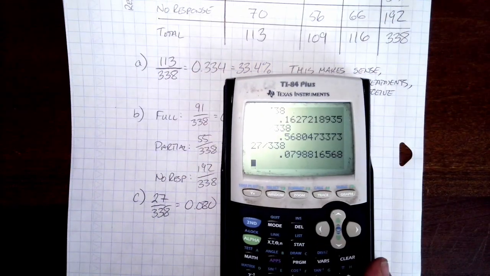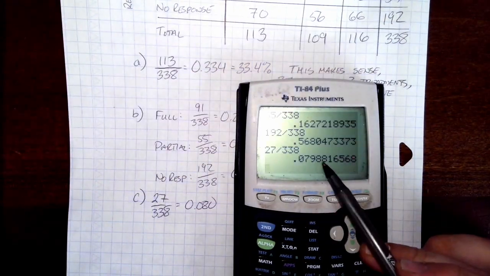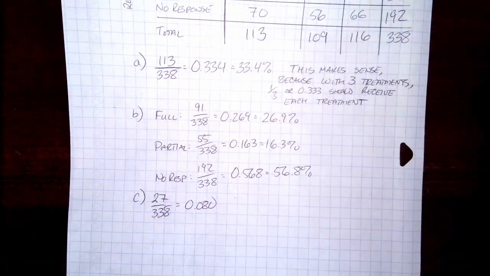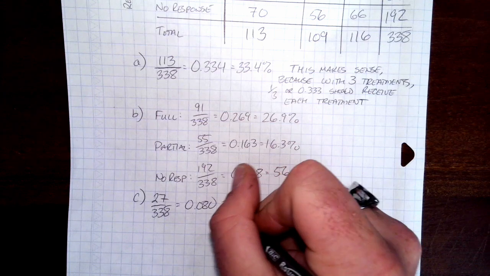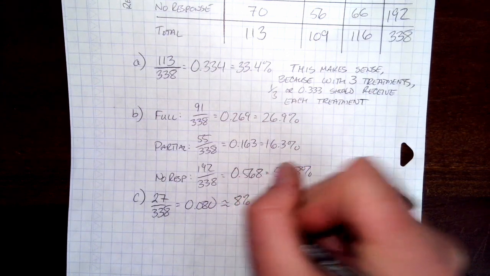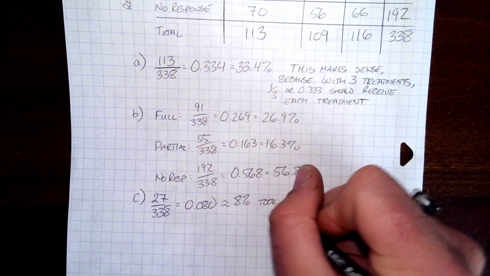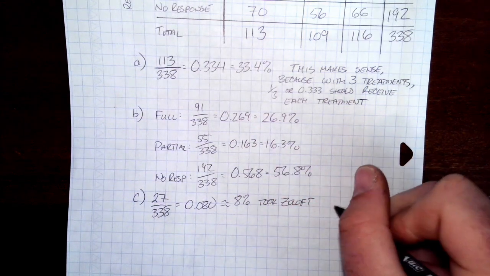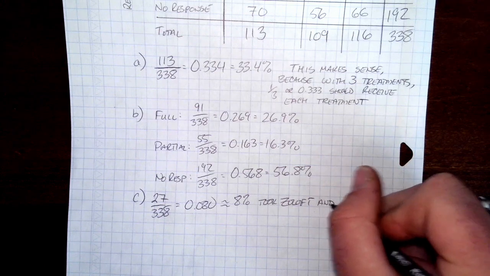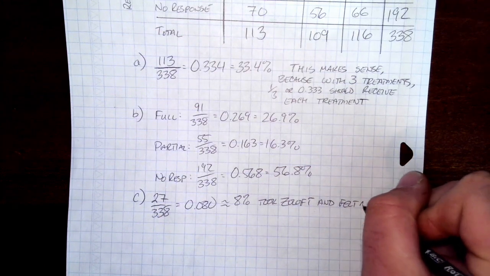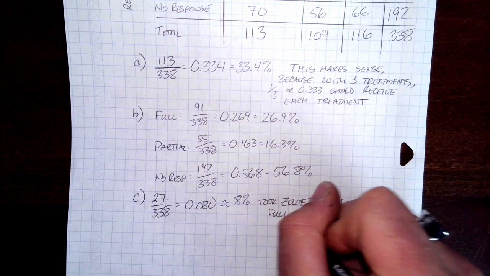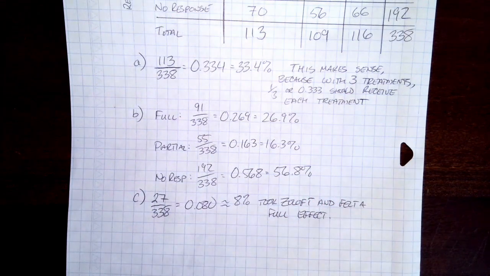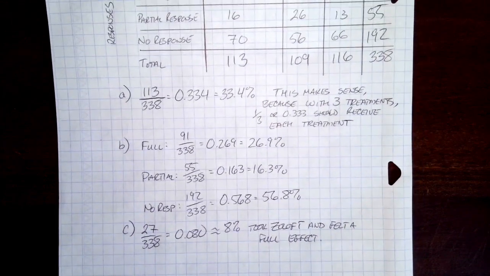Again, looking at this, the 8 here rounds that 9 up to a 10, which bumps that 7 up to an 8. 8% took Zoloft and felt the full effect. And that's example 3.